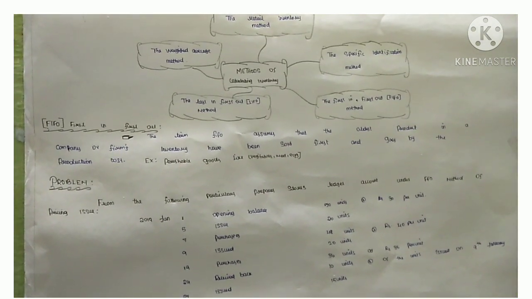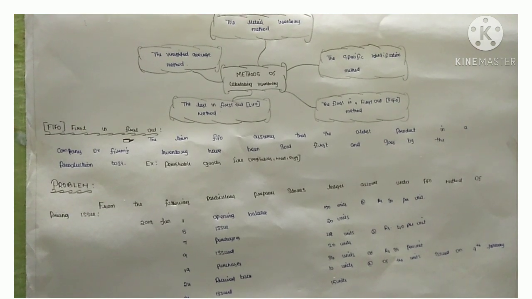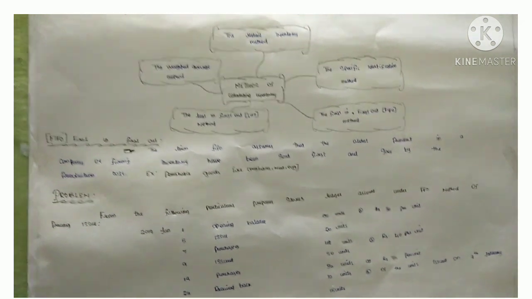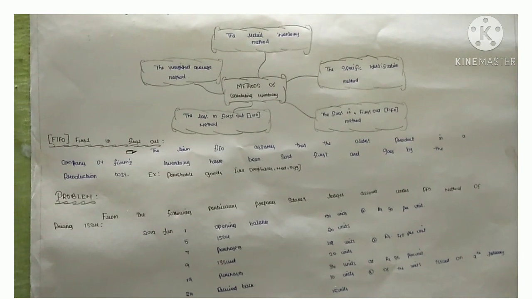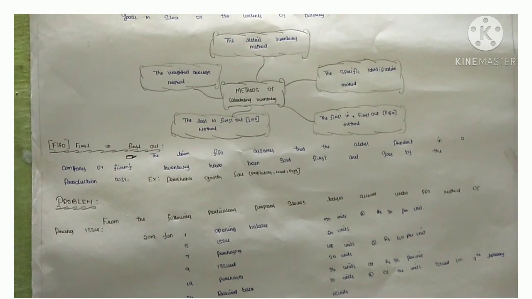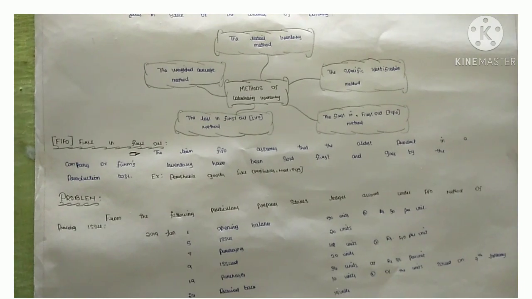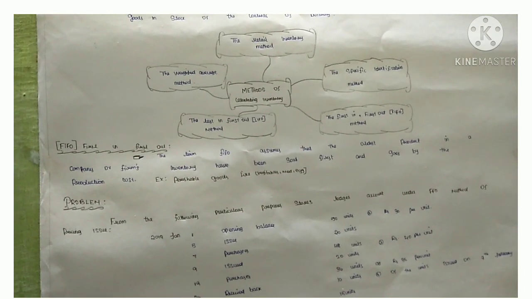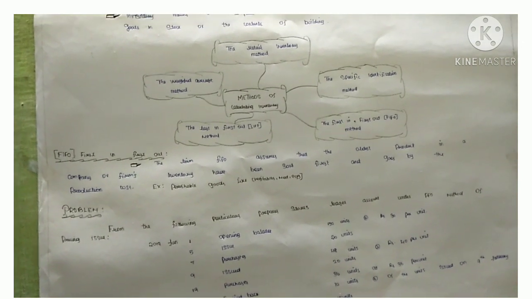The main example of the FIFO method is perishable goods, because the goods are perishable in nature, for example vegetables, meat, etc. Common businessmen also mostly follow the FIFO method.